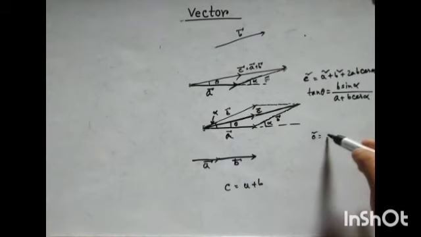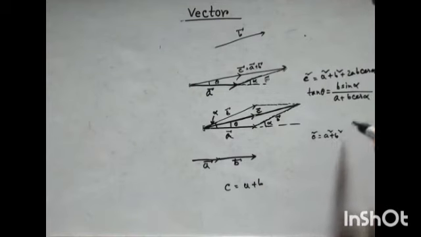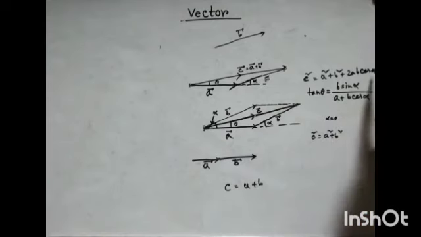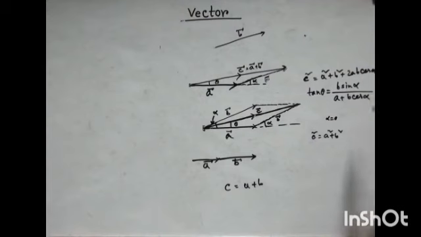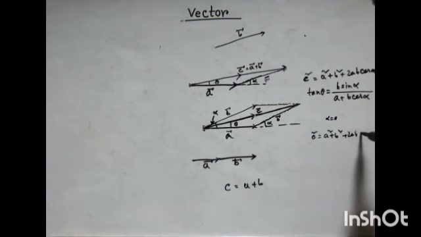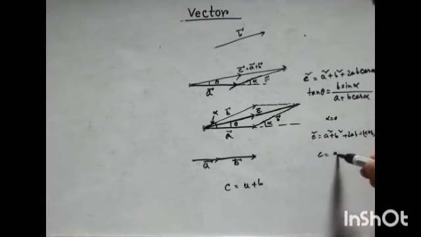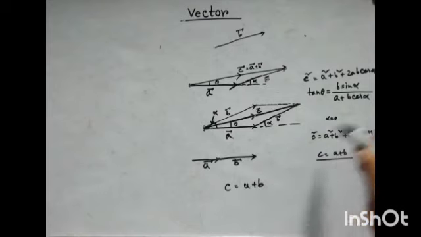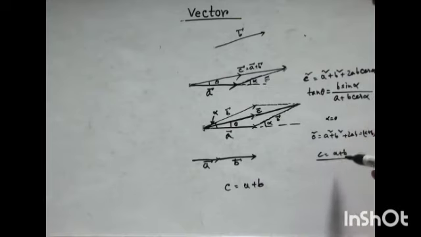C square will be a square plus b square plus 2ab cos alpha. Here alpha will be 0, so cos alpha is 1, then it will be 2ab, that means a plus b whole square. So c must be a plus b.